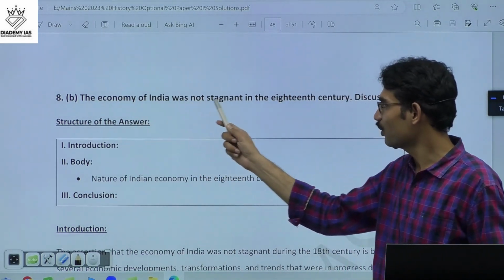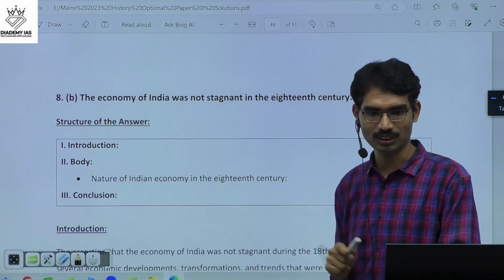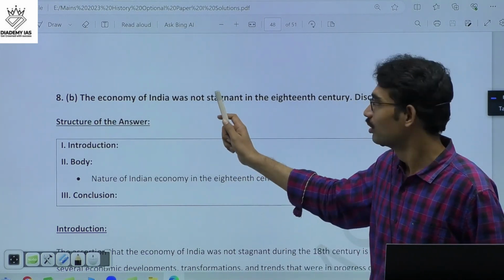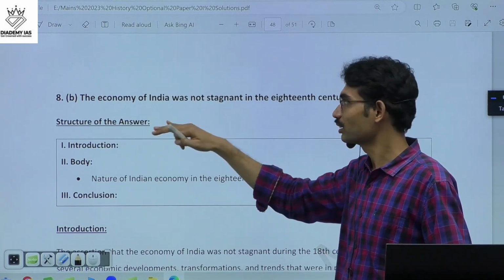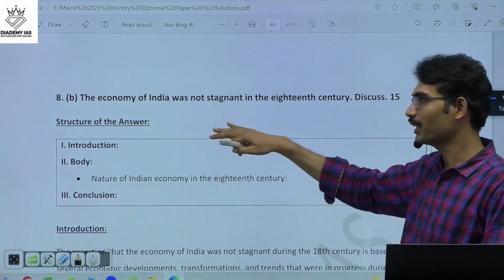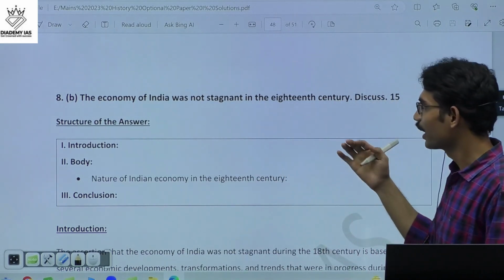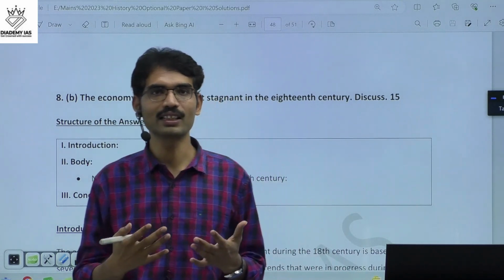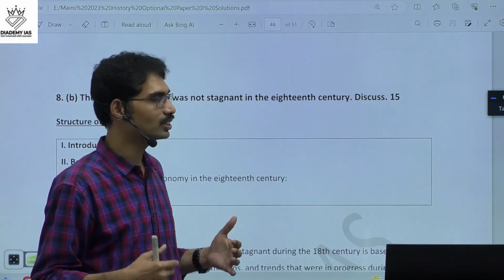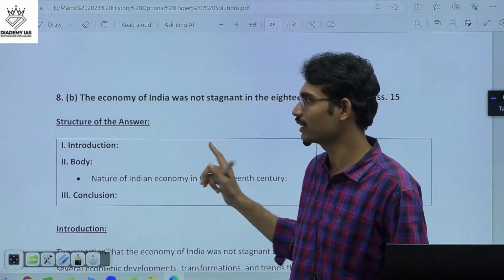The economy of India was not stagnant in the 18th century. Once again, you see an 18th century question. 8A is a direct question, architecture. But now 8B is the economy of India. Now we have to talk about how the economy was strong, how the economy was vibrant during the 18th century.